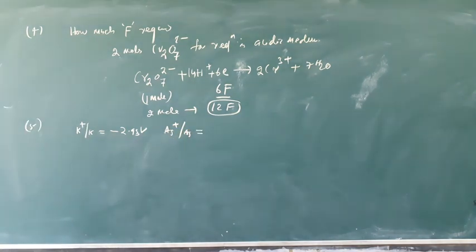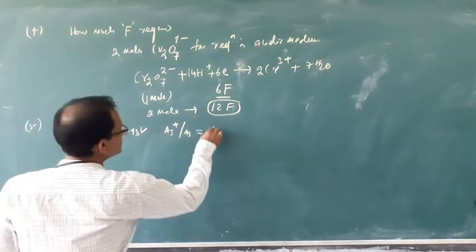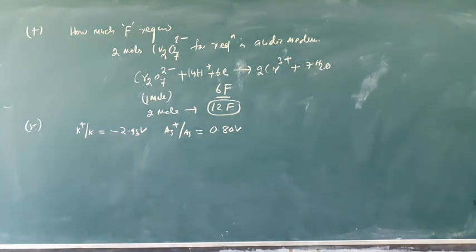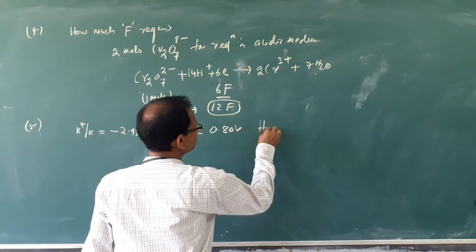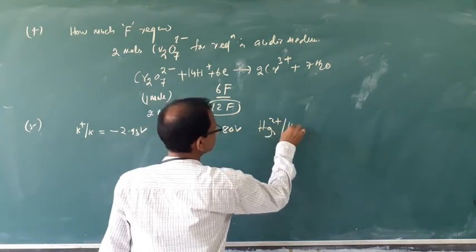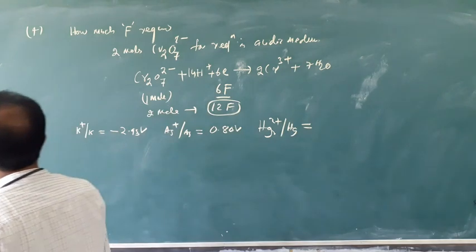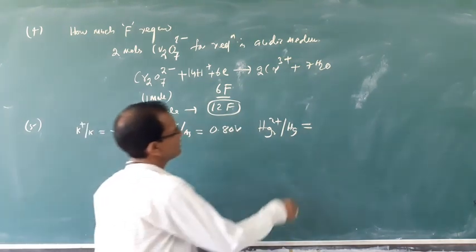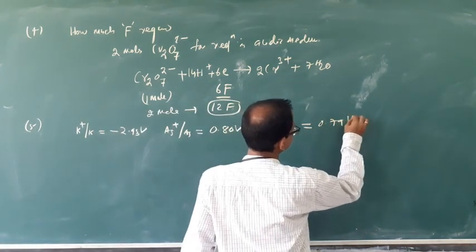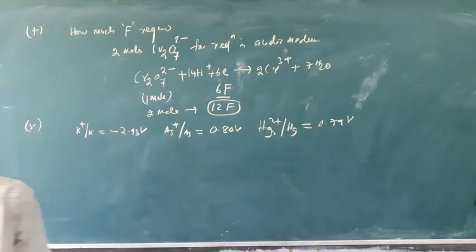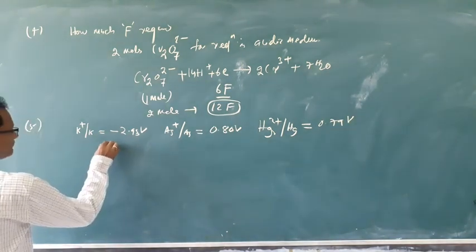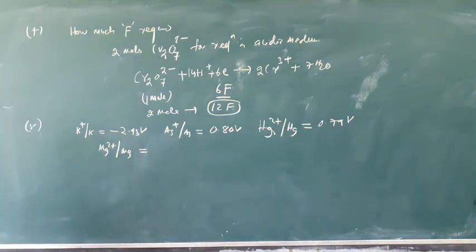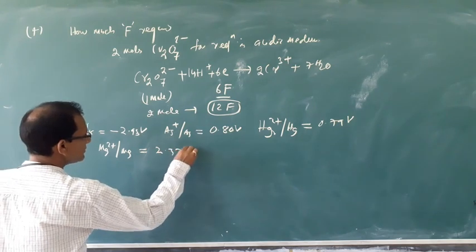It is given 0.80 volt, and mercury, the reduction potential is 0.79 volt, and magnesium, the reduction potential is minus 2.37 volt.